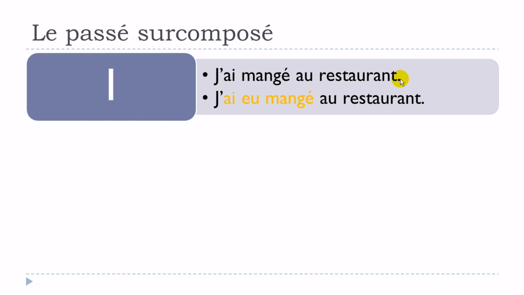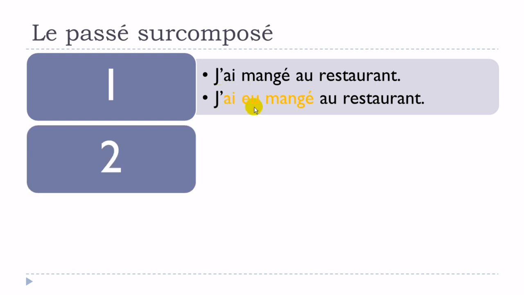If you want to make le passé surcomposé, an example is j'ai eu mangé au restaurant. You can see that the difference between the two is that this manger form, the participe passé, doesn't change. But it is this first part that will change. In the first sentence you've got avoir in the present form, and in the second you've got avoir in the passé composé form.